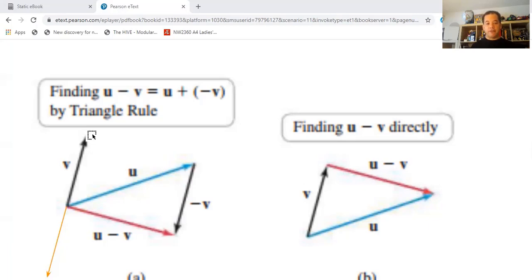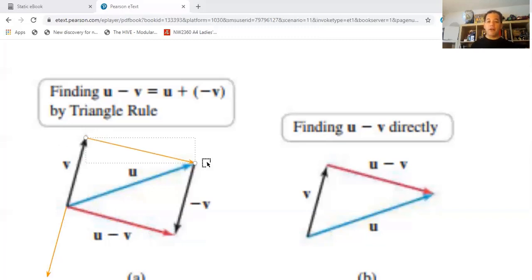And if you go from this arrow to that arrow, let me draw it, if you go from here to here, right? That answer is the same as the original one, u minus v. So you can put it in here, and that way you can tell the difference from the parallelogram.